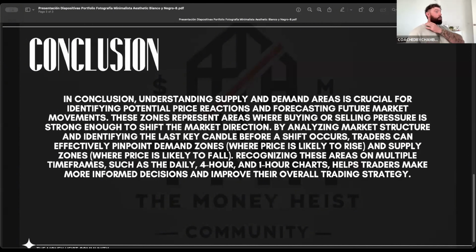Recognizing these areas, as we've just identified on the charts on multiple timeframes, such as the daily and the 4-hour as two key areas, and then refining it on the 1-hour or lower, helps traders become more informed, make better decisions, and have an improved trading strategy. So that is the conclusion.